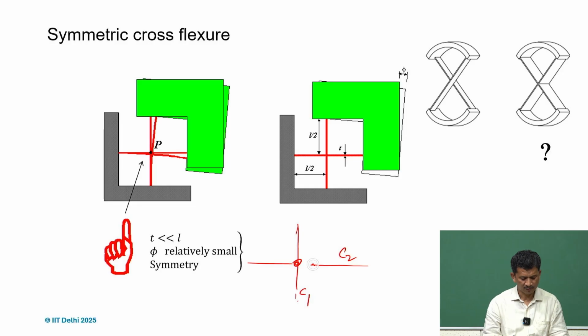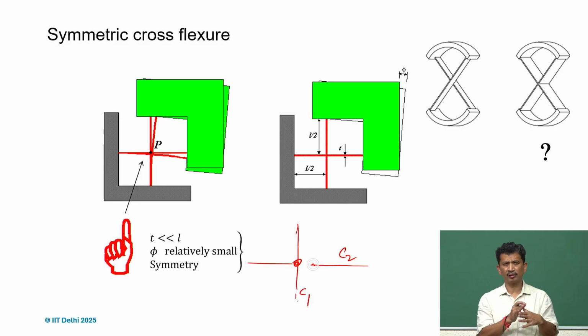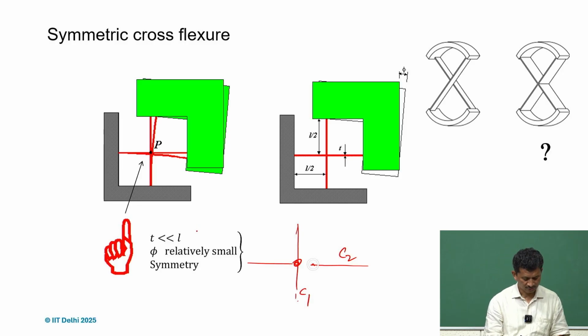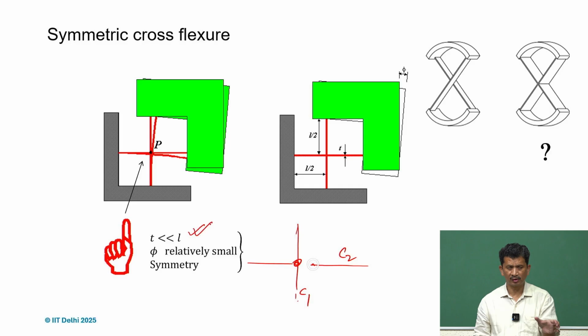And here it looks like symmetric cross flexures, called symmetric because the lengths are the same, and the thickness is way smaller than the overall length, so it can flex.